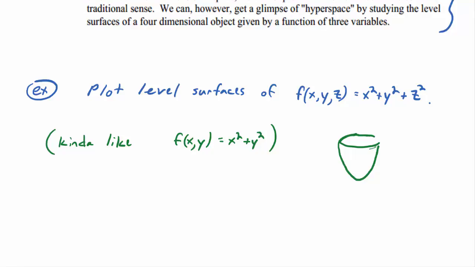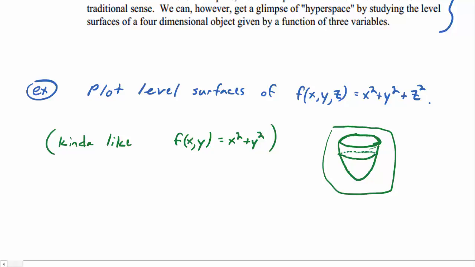So when you look at the level surfaces, level curves rather, of this object, what do we get? In the plane, we pretty much drop these horizontal traces down, and we get those concentric circles that we got earlier, right? But now, what are we going to get when we set f of x, y, z equal to constants?